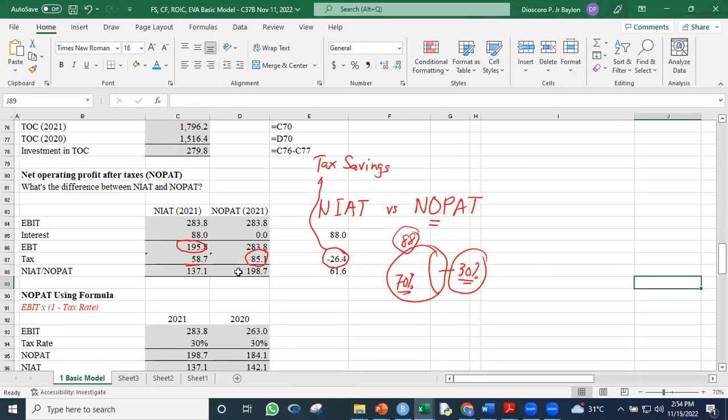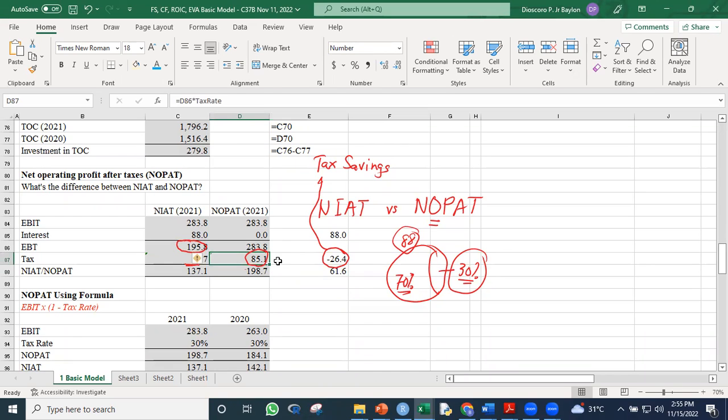So to compute the NOPAT, what we do is not charge operations with the interest expense. That's called responsibility accounting. We do not penalize operations for any item that they don't have any control of. And so the effect is that the earnings before tax is higher, and since the earnings before tax is your taxable base, any charge to tax will be higher for NOPAT.